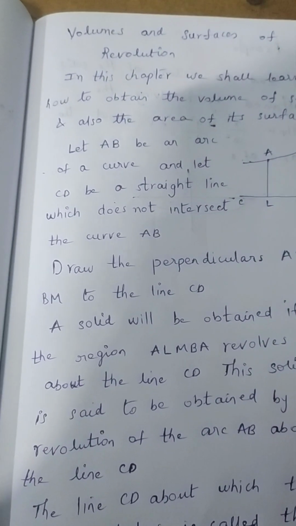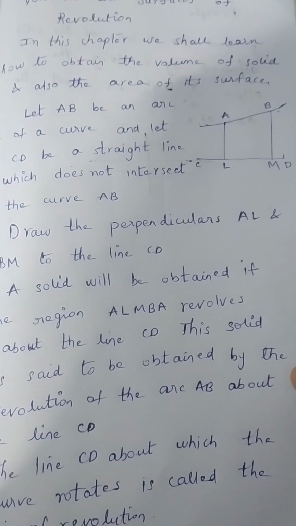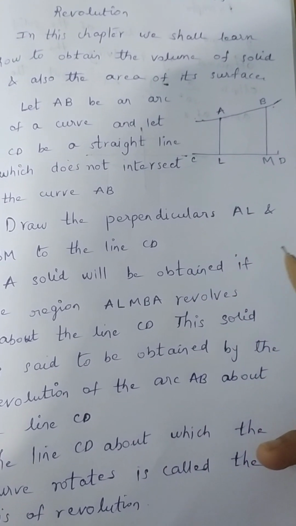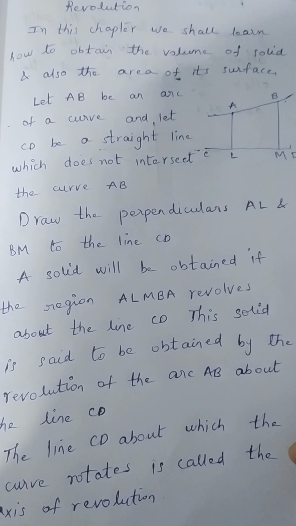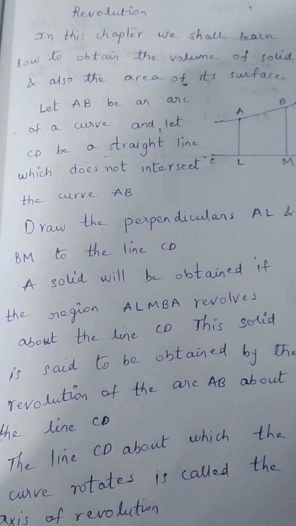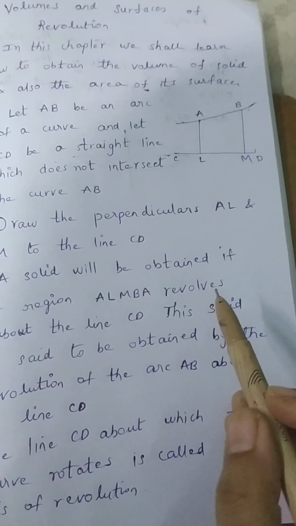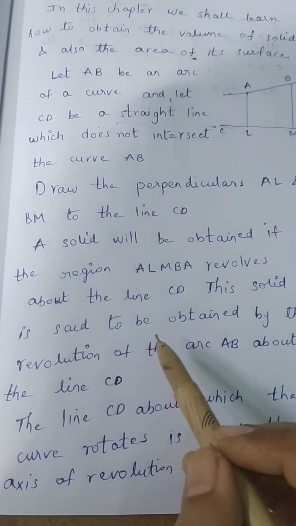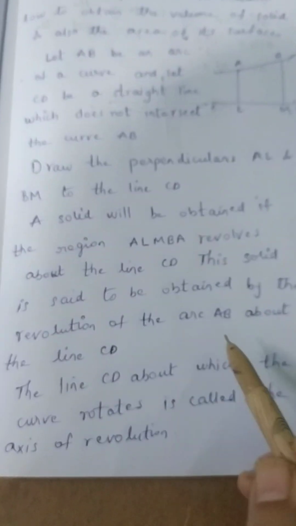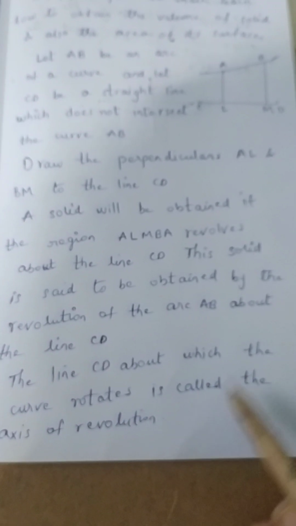So this solid is said to be obtained by the revolution of the arc AB about the line CD, that is the x-axis. The line CD about which the curve rotates is called the axis of revolution.